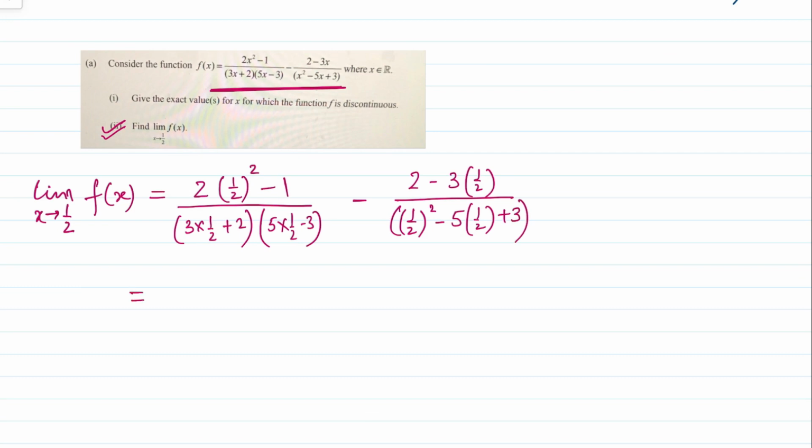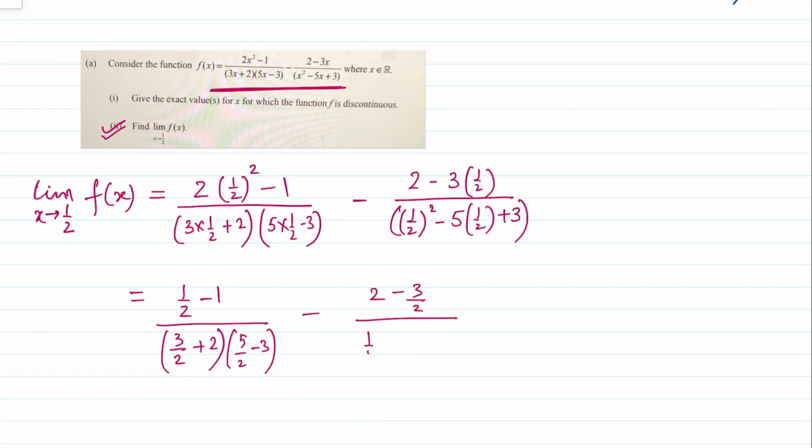Now let's solve that. So that becomes 2 times 1/4, which is half, minus 1, over (3 over 2 plus 2)(5 over 2 minus 3), take away (2 minus 3 over 2) over (1/4 minus 5 over 2 plus 3).